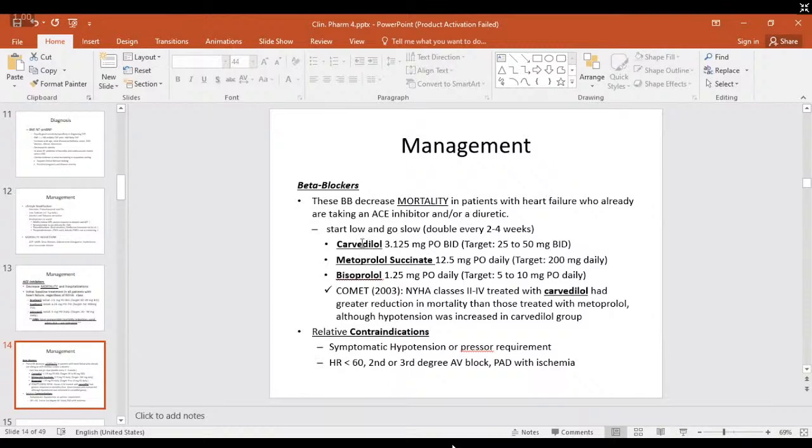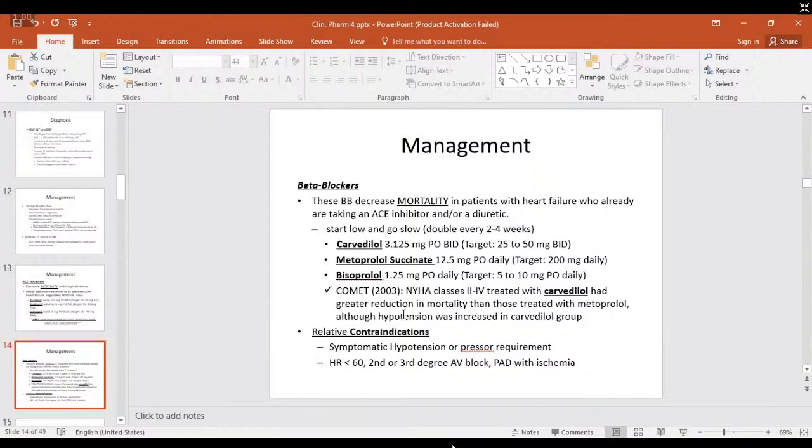So this difference in the receptors that carvedilol and the other two beta blockers act on actually leads to more commonly seen hypotension with carvedilol, because it also acts on alpha 1 receptors, and alpha 1 receptors, as you remember, are found on the peripheral vasculature.